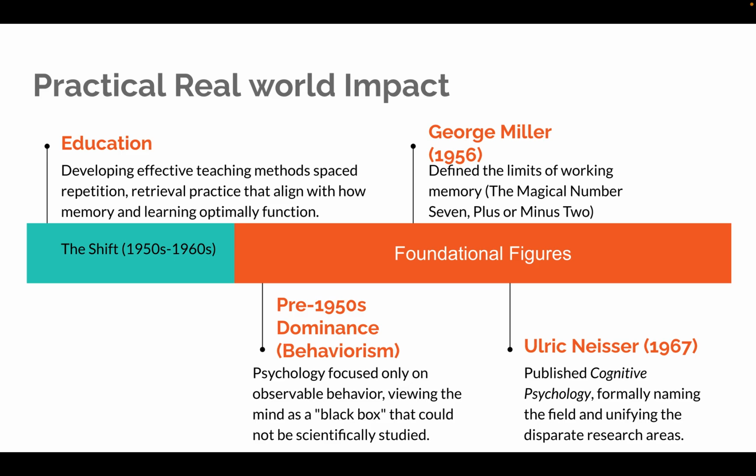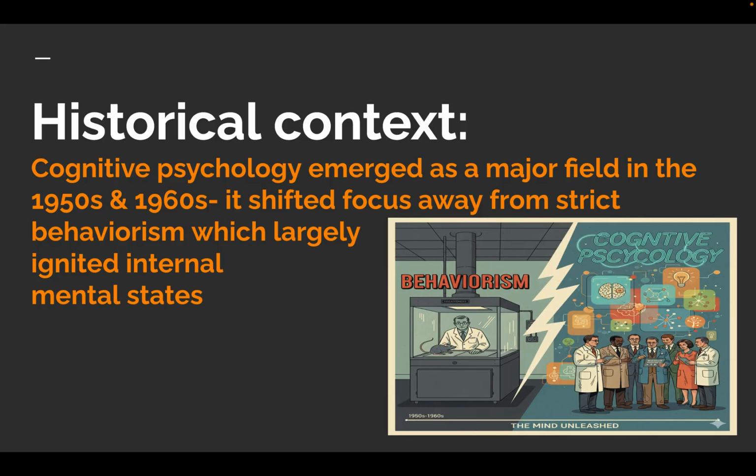So let's go ahead and look at that to see the difference of the two. So more of the historical context. Cognitive psychology emerged as a major field in the 1950s and 1960s, but it basically shifted its focus away from strict behaviorism, which largely ignored internal mental states.